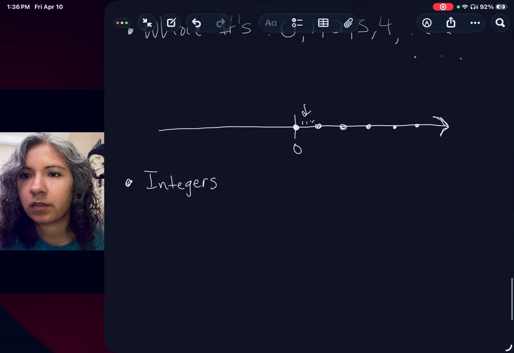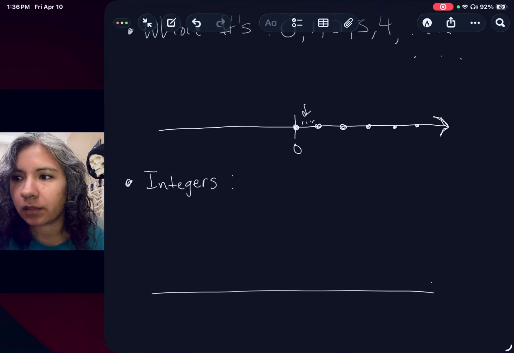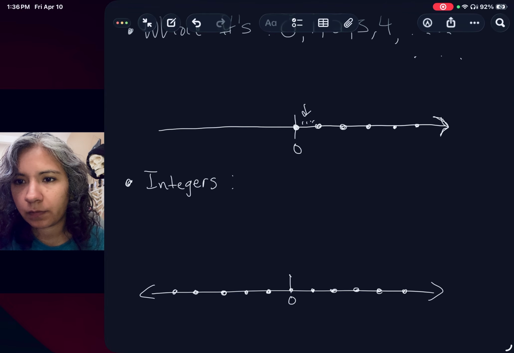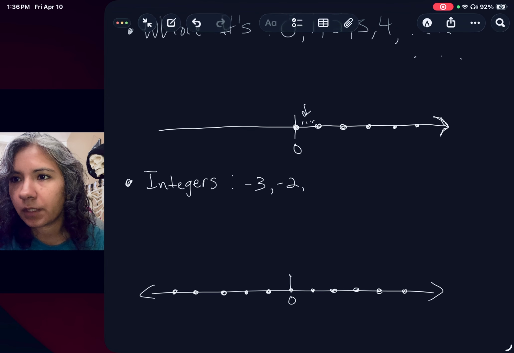So if we draw this on the number line, here's 0, 0, 1, 2, 3, 4, 5, and so on, but also their opposites: negative 1, 2, 3, 4, 5.